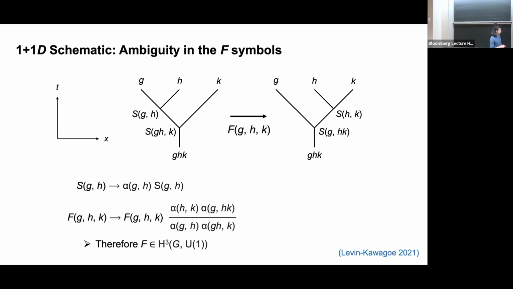Moreover, we find that there's an ambiguity in the F symbol, which precisely corresponds to the coboundary transformation. The way to see this is to note that these 2 independent spacetime processes that define the F symbol involve 4 splitting operators, which I've called S. So all these states are bound states?